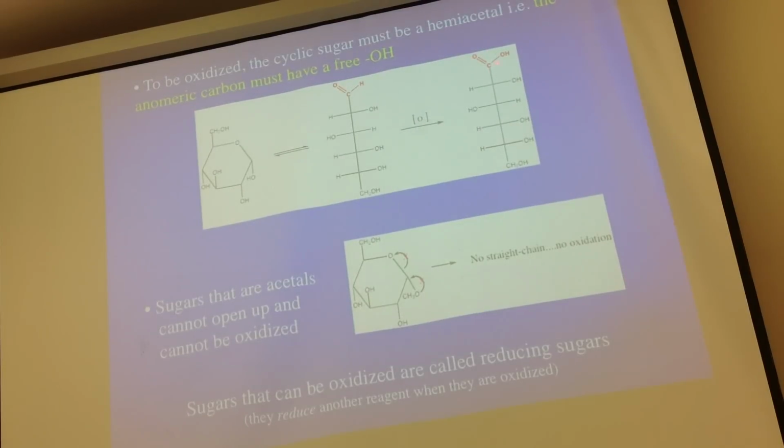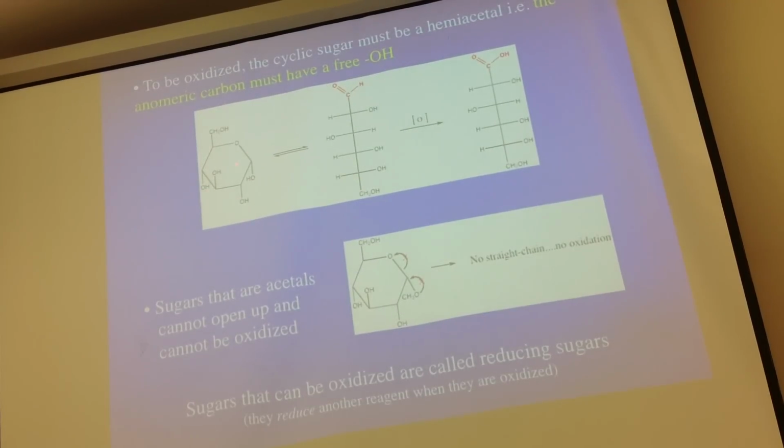It goes to an aldonic acid. It has to be able to open up. You have to have that aldehyde capability. So to open up, this OH right here has to be an OH. So put a circle around that right there. That has to be an OH. If you somehow block it with a reaction, you bind it to something else, it can't open up because it's not an OH anymore, and this thing will not oxidize.